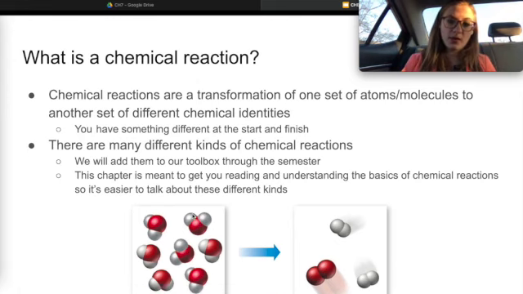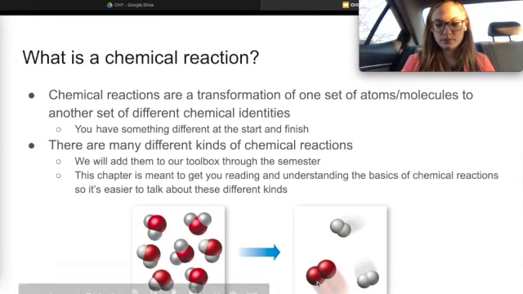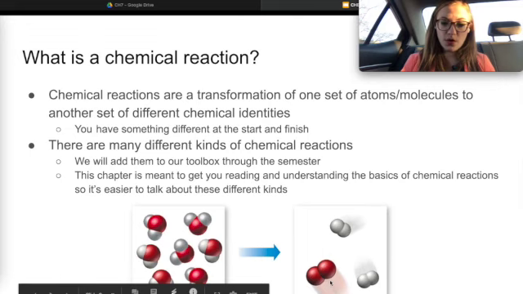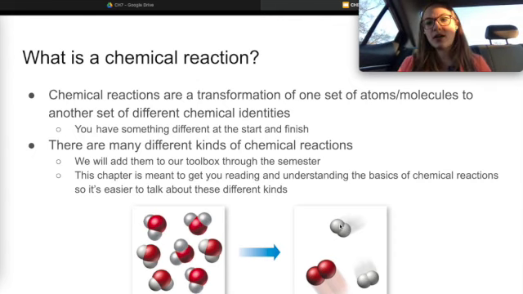These are water, and then over here we have the hydrogen and oxygen molecules, so O2 gas and H2 gas. Remember, they're some of our diatomic gases, so they form those molecules of two. So that's kind of what we're looking at here.